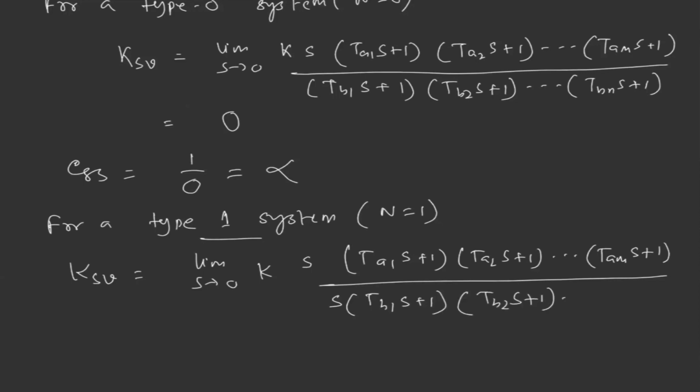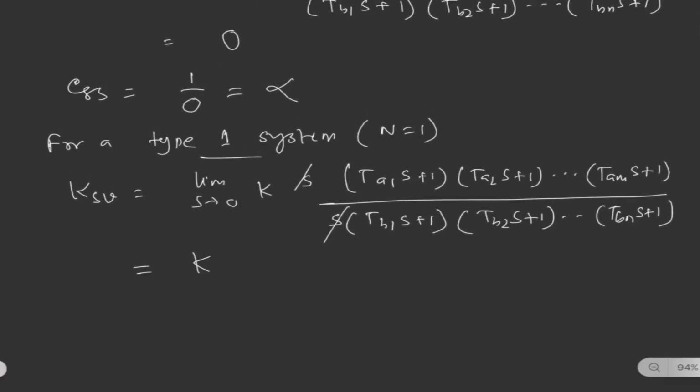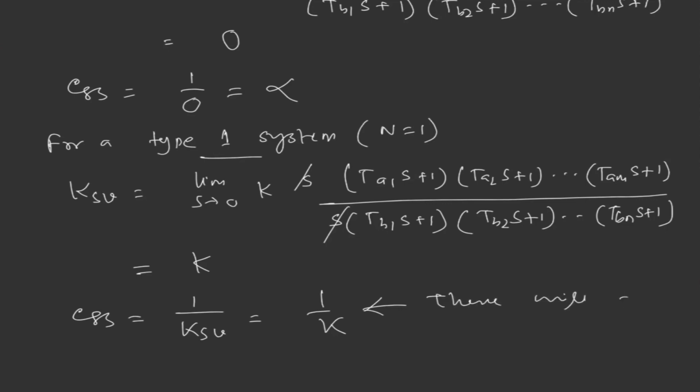The s is cancelled, so if we put s equal to 0, we have K. So what is the takeaway from this? Steady state error we can write as 1 upon KSV, which is 1 upon K. So if the system is type 1 system, and you are applying ramp input, there will be steady state error.